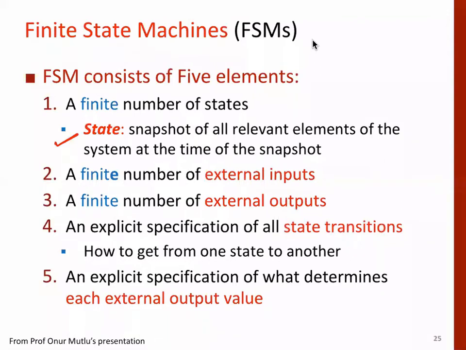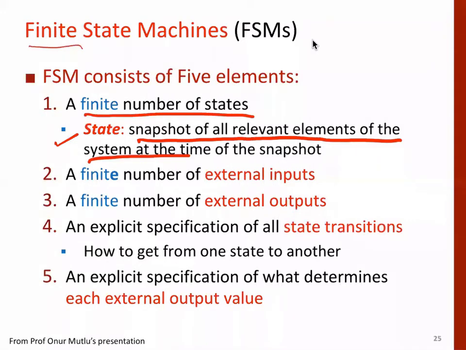So the FSM requires state, and in FSM we have a finite number of states, right? And each state gives a snapshot of all relevant elements of the system at the time of the snapshot. For example, in the case of a processor, what could be the state of the processor?